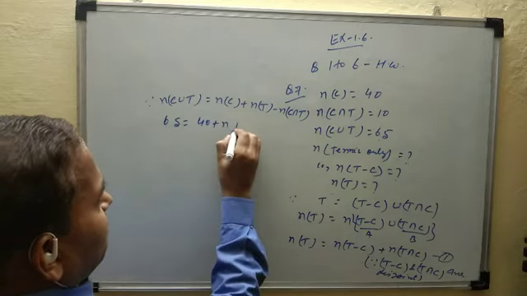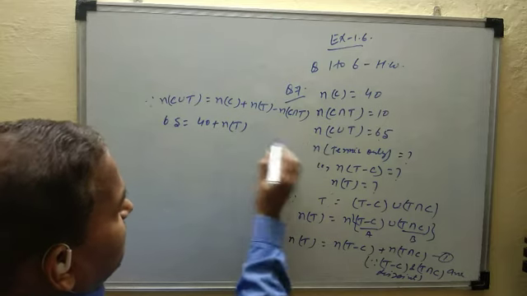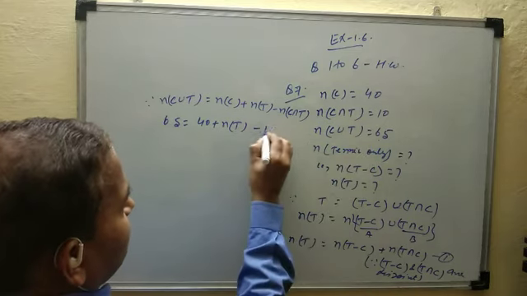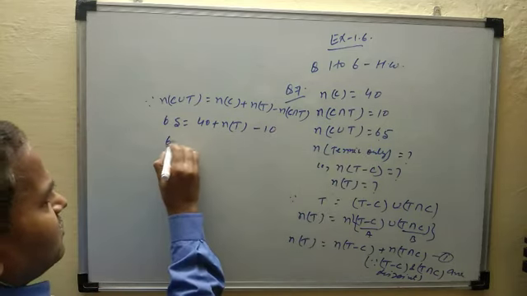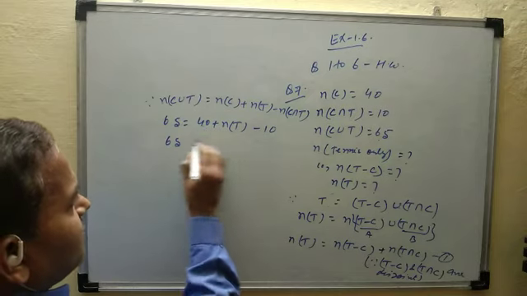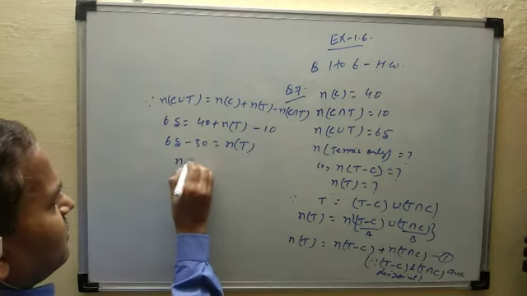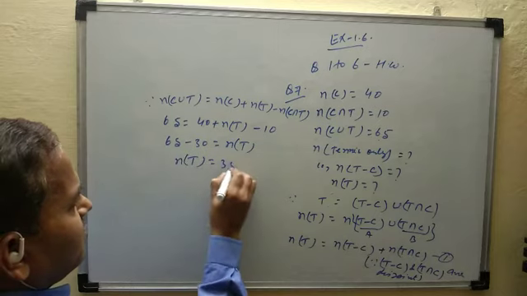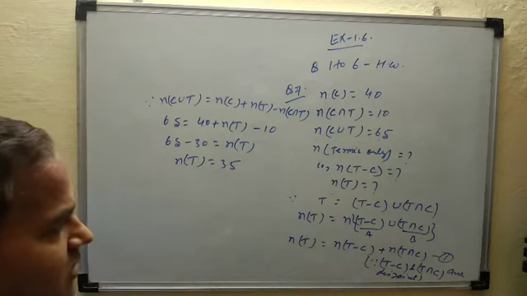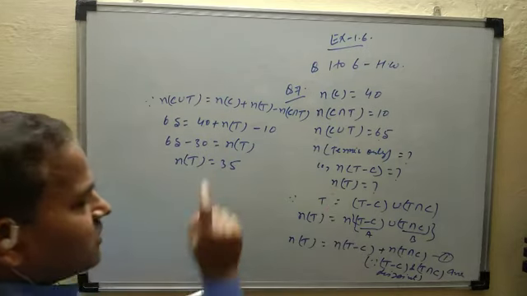Number of T is not given. Number of C intersection T is 10. So 65 minus 40 plus 10, that is 30 plus 10, taking the left side, is equal to number of T. So number of T is equal to 35. That is only tennis is 35.